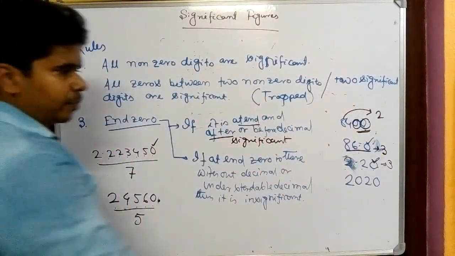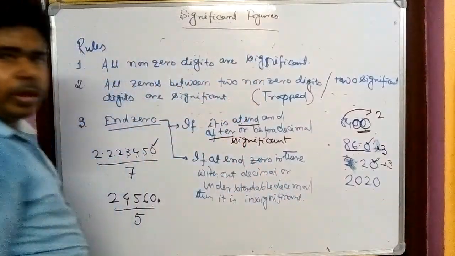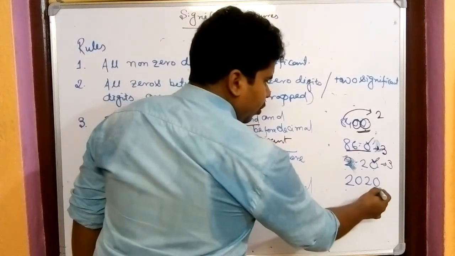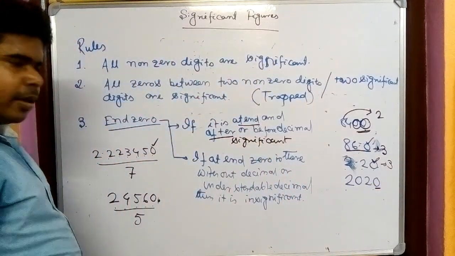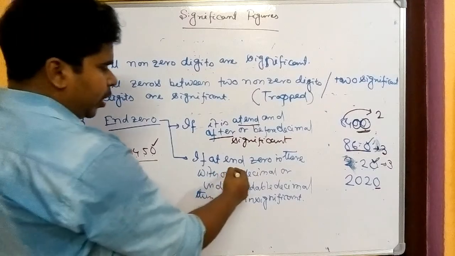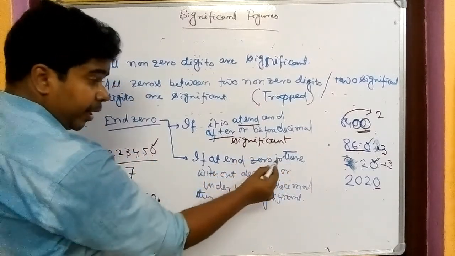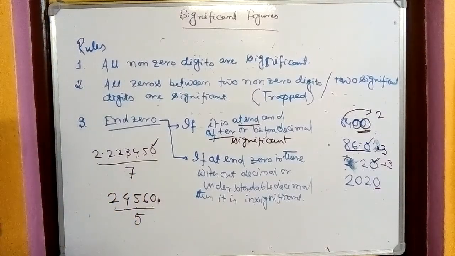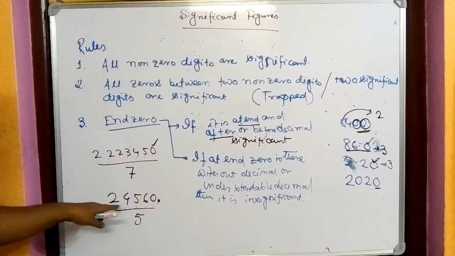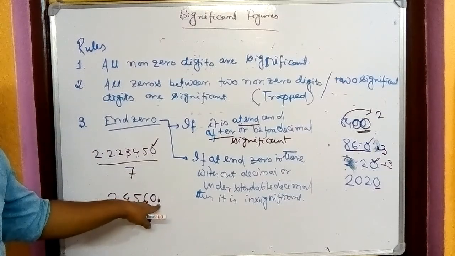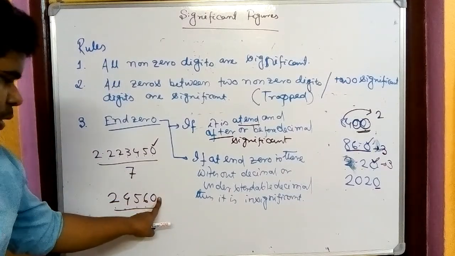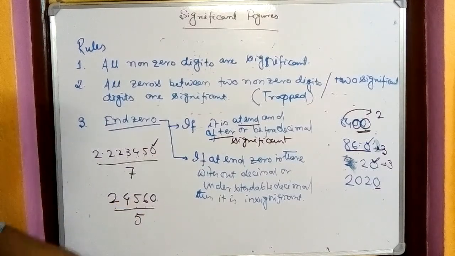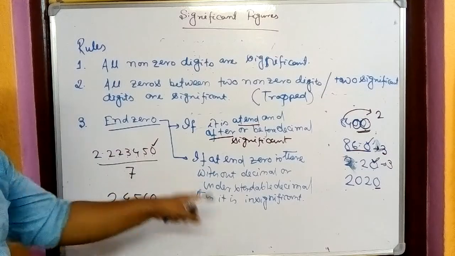Here 2020, the year now. Coming to the point 0, it is at the end. Whether any decimal: we have told that if the 0 is at the end and there is no decimal or only an understandable decimal. Understandable decimal means this number I have written, 24560, I have given a point here. If this point is not given also, the digit is the same, it is not changed, but we understand that there must be a point at the end.